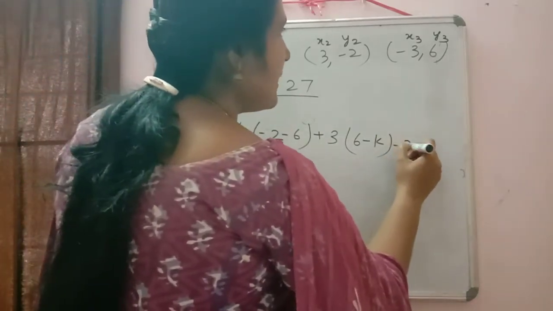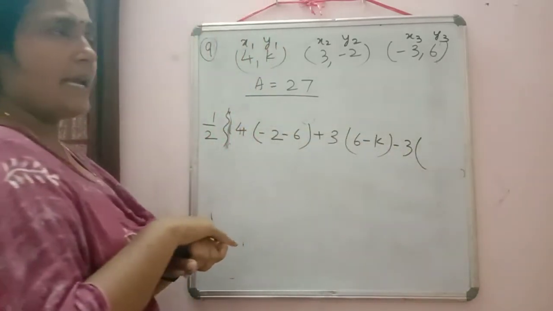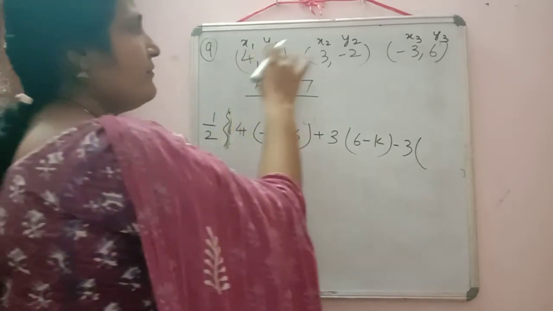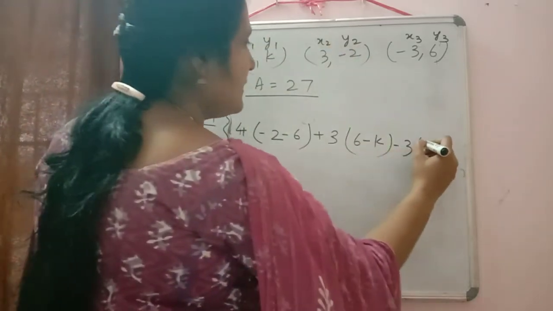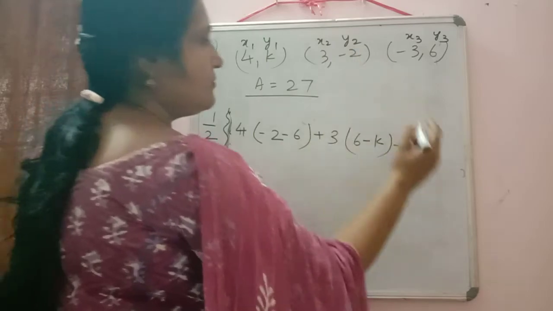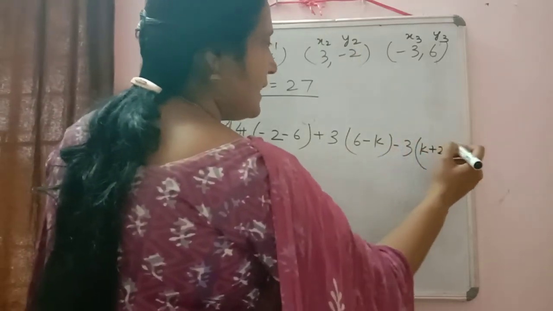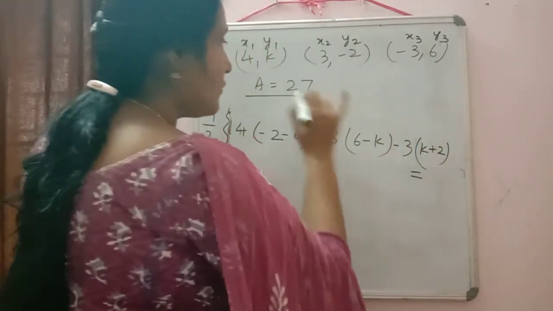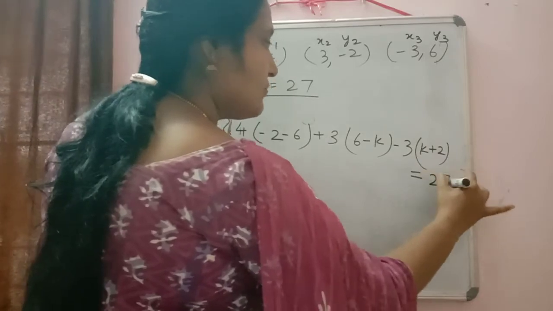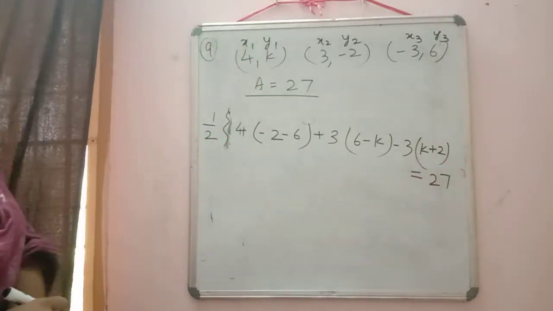In place of x3 we have minus 3, into y1 minus y2, so that will be k minus of minus 2. Minus into minus will be equal to plus. Equal to not 0; area is given as 27, so we write it is equal to 27.